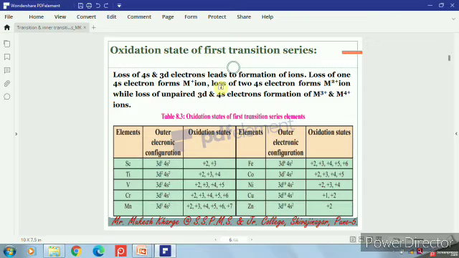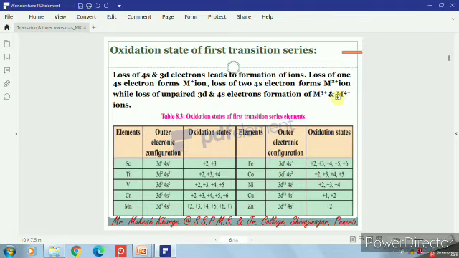If 2 electrons are lost from the 4s orbital, then it forms an M2+ ion. While loss of unpaired electrons from 3d and 4s electrons combined forms M3+, M4+ and higher cations of the respective elements.